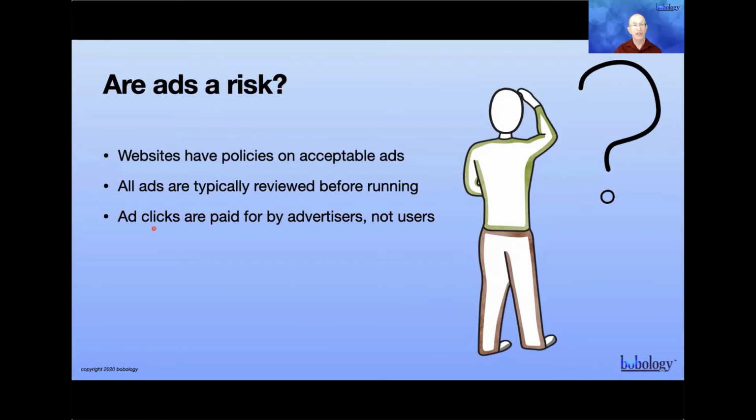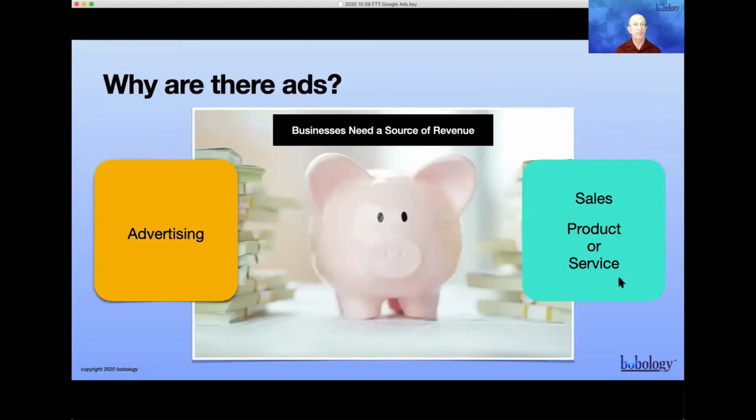There's actually a lot of fraud prevention tools that internet advertising uses to make sure that people aren't just clicking randomly and advertisers aren't paying for them unnecessarily. But there's no cost to you as a user of the internet to click on an ad or see what it does. So you don't have to be afraid of it.